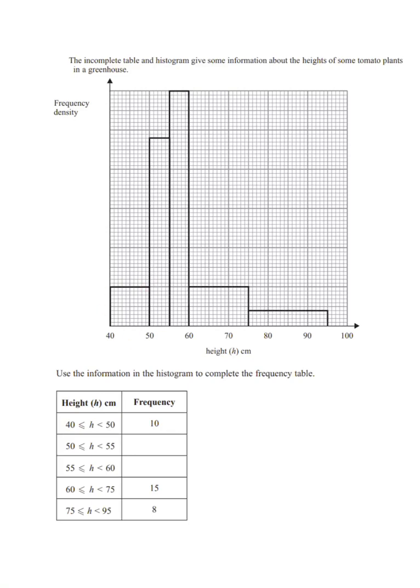Because if you look at the table, you know that the frequency density should be the frequency divided by the class width. So 10 divided by 10, which is 1. And in the same way, I know that this frequency density should be 15 divided by 15, which is also 1.